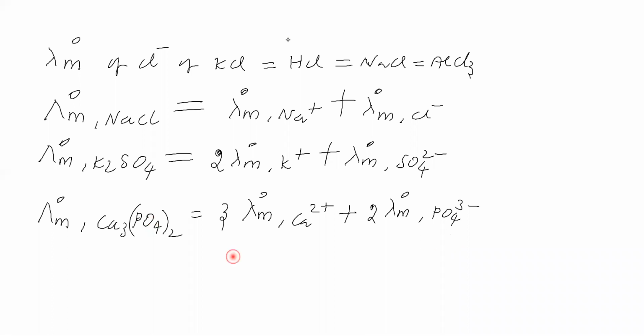Sum of these two is equal to lambda m naught of calcium phosphate. Can we say like this? This is Kohlrausch law.